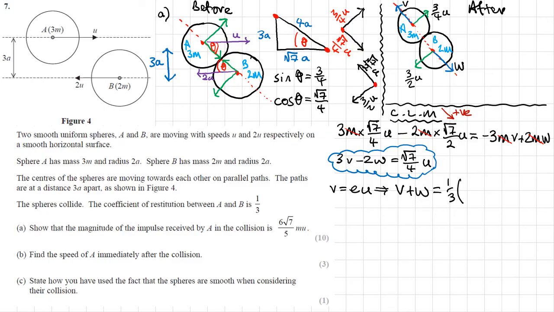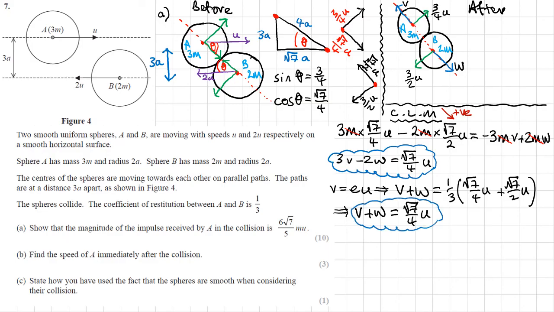So that will be root 7 over 4u plus root 7 over 2u. So it's just these velocities here added. Then that equation becomes v plus w is equal to root 7 over 4u.